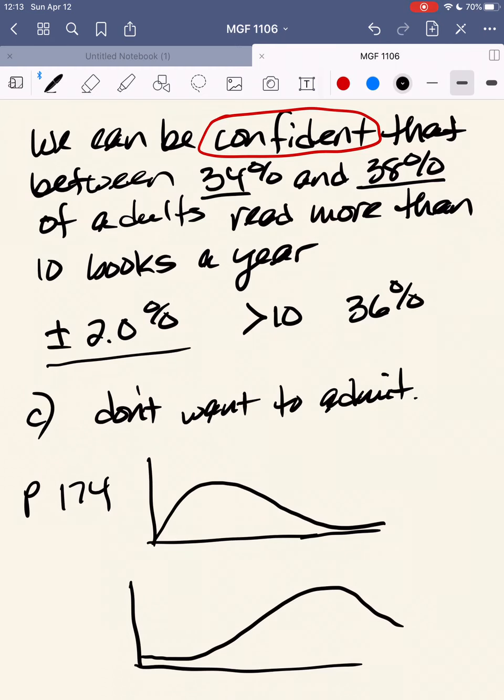So it's something you can go ahead and look at. If it's skewed to the right, the tail is to the right. So this is your right skew. This is your left skewedness.